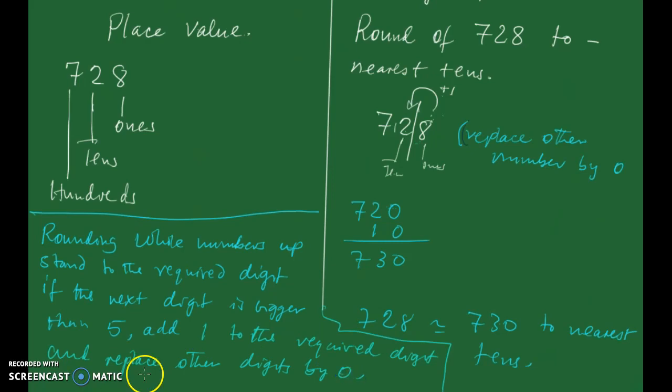That's what we did here. We added 1 and then we replaced the rest by 0.